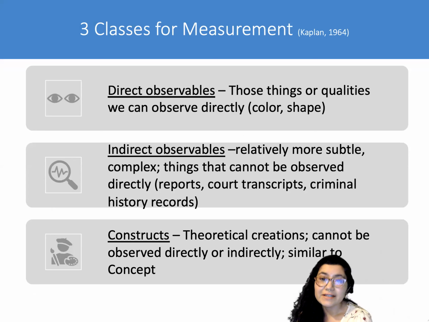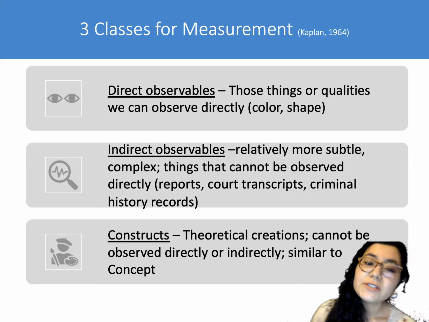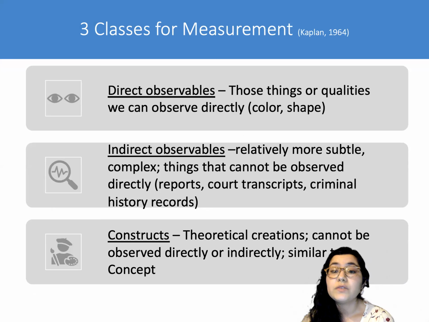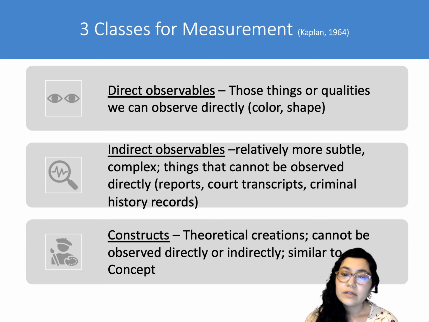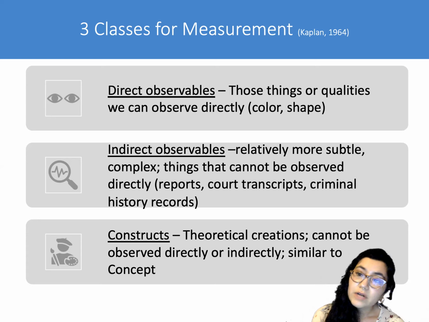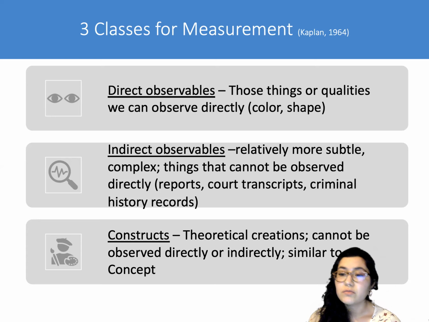So there are three classes of measurement. The first is direct observable, so things we can directly observe, things you can see that are tangible. Then there's indirect observable, so things that are more subtle, like criminal history records, court transcripts, reports.